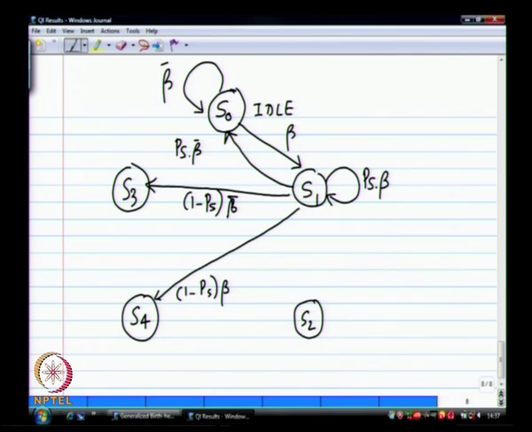Okay, let us look at S3 next. I was unsuccessful in the previous slot and no packet came. From S3, what are the transitions? I will go from S3 to S3, which means I did not retransmit and no new packet came. So this is 1 minus PB. PB is my retransmission probability, the probability of retransmission.